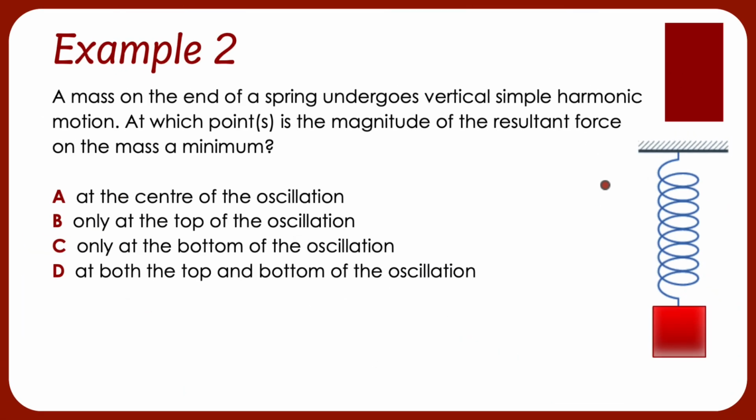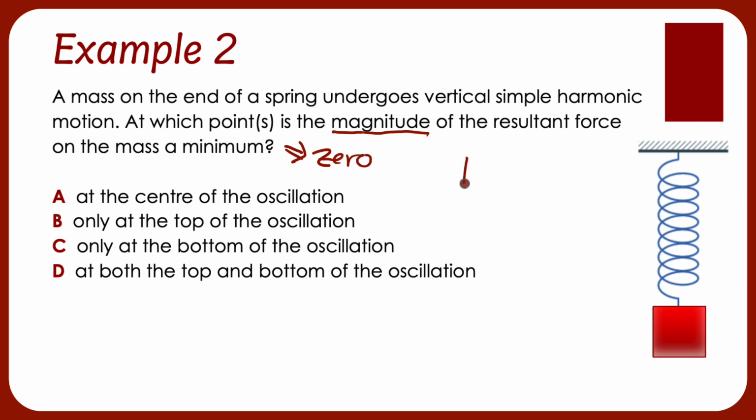Okay, again, I've got my vertical spring this time. Just another example of simple harmonic motion. And we're looking for where the magnitude, so that's just the size, I don't care if it's positive or negative, at which point is the magnitude of the resultant force a minimum. And in this case, our minimum is actually going to be 0.